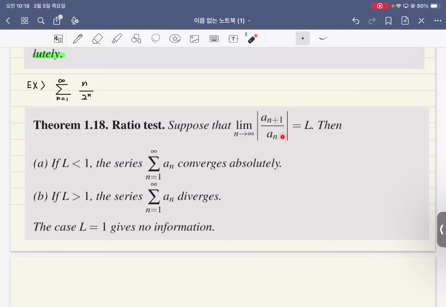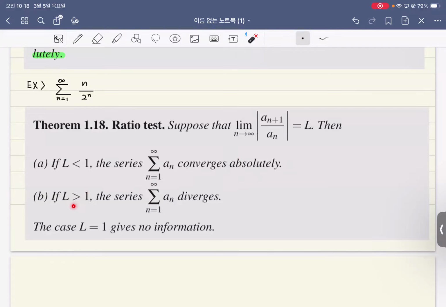Suppose that this sequence is converging to some number L. This is a very hard assumption, but suppose that it is true. It says if L is strictly less than 1, then the original series is converging absolutely.